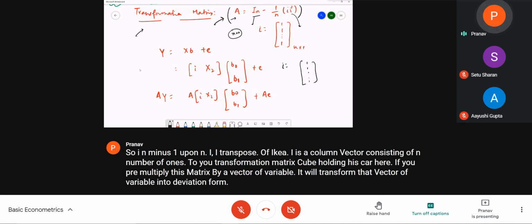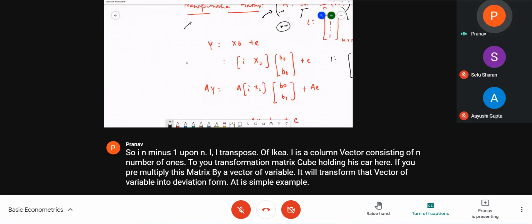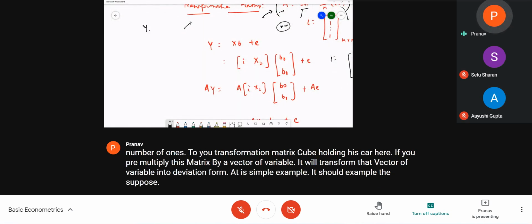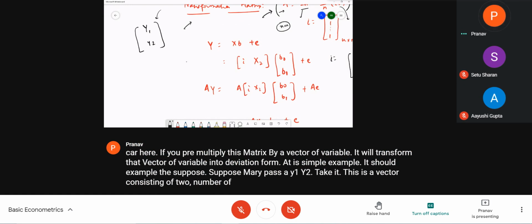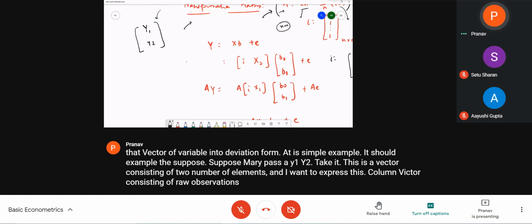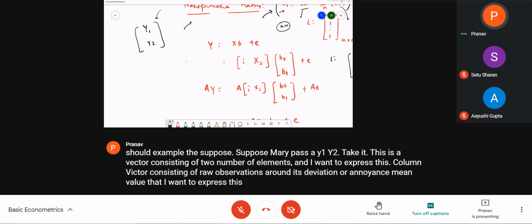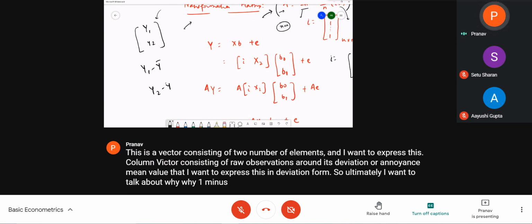Let's take a very simple, small example. Suppose I have y1, y2, a vector consisting of 2 elements, and I want to express this column vector of raw observations around its mean value, that is, in deviation form. So ultimately I want y1 minus y bar, y2 minus y bar.